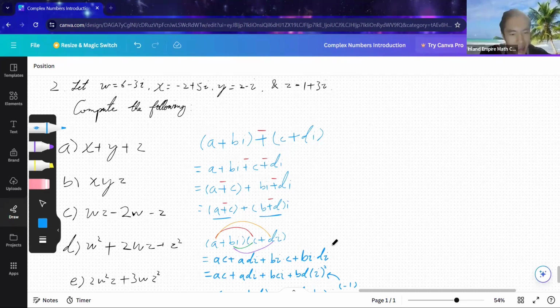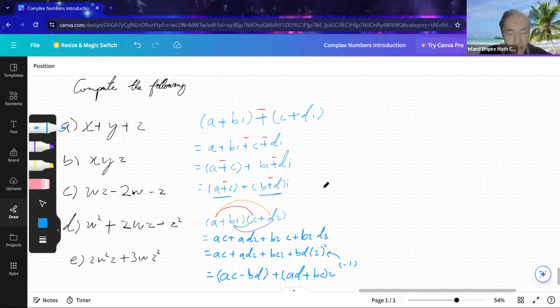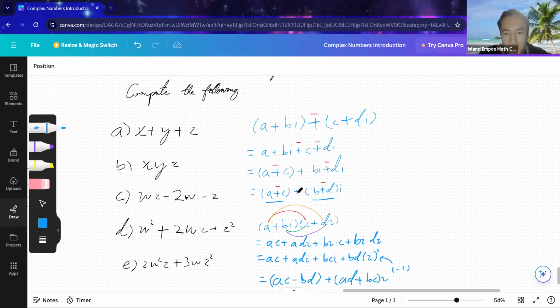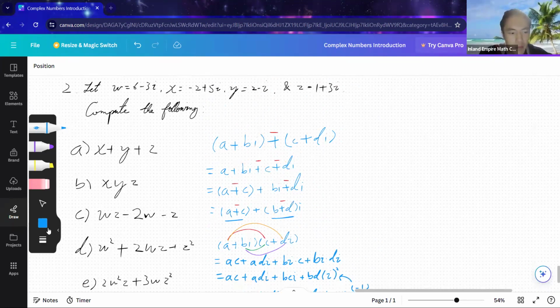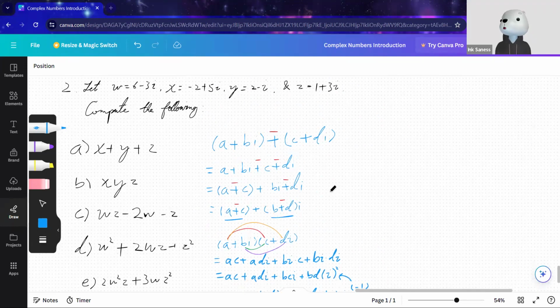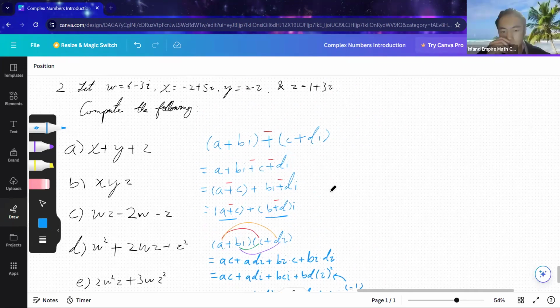Yeah, but back to complex numbers. Did any of you solve this question? I'm still working on it. Was anyone able to solve this question? That's okay. Take your time.